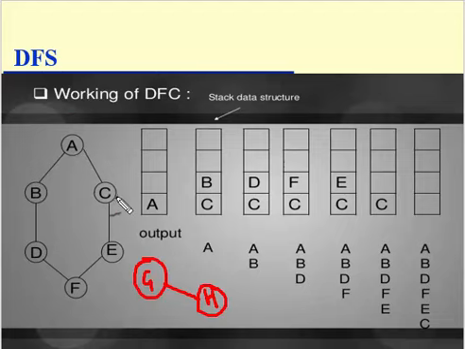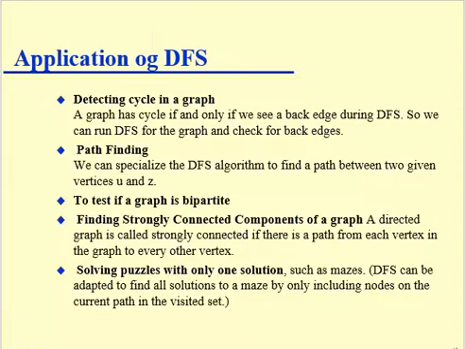But from A or B or C, you can't go to G and H. So this component is not connected to this one. So in this graph, there are two connected components. This is another application of DFS. And then it can be used to solve puzzles like mazes that we solve manually. Maze problems can be solved by using DFS. So just go through these applications of DFS.